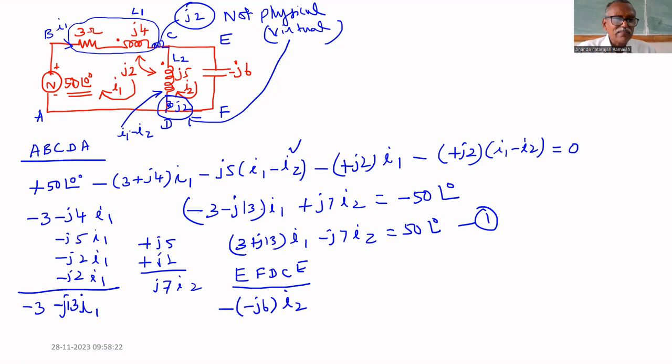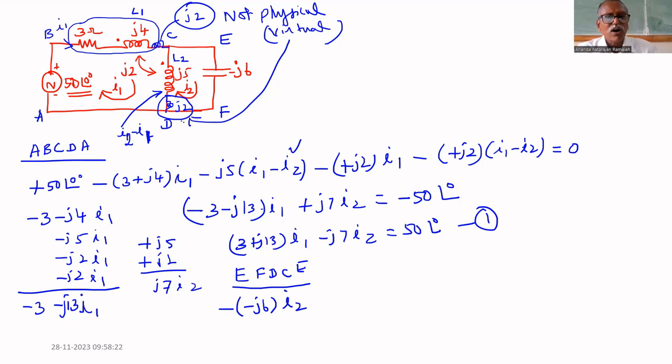Current in this coil is I2 minus I1, considering I2 as the correct direction. Now, for this j5, here I2 is leaving the dot and I1 is entering the dot.